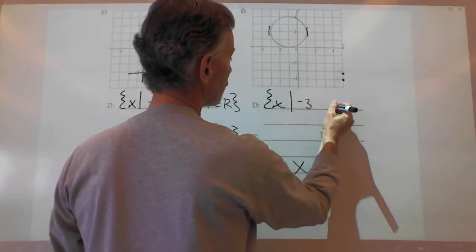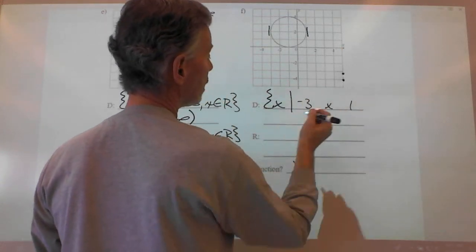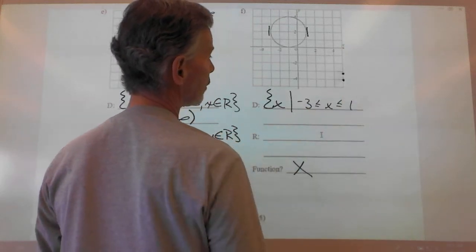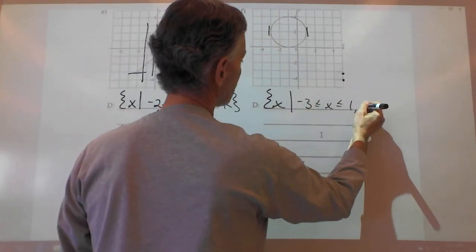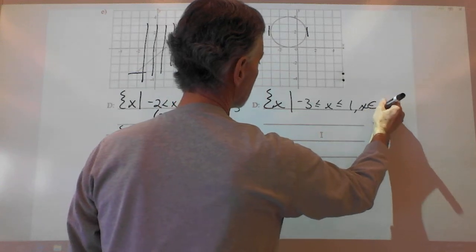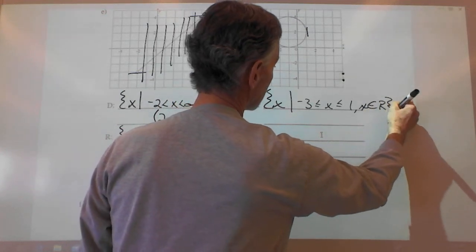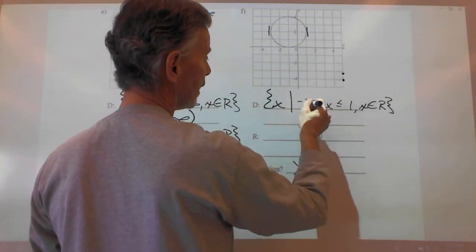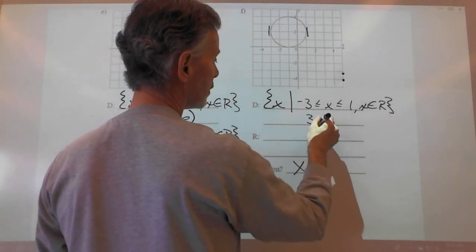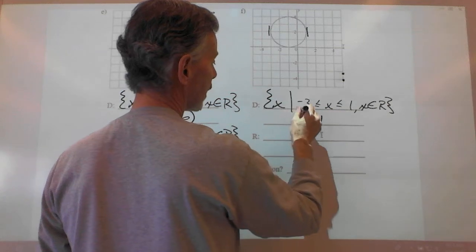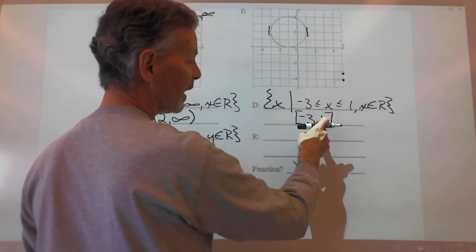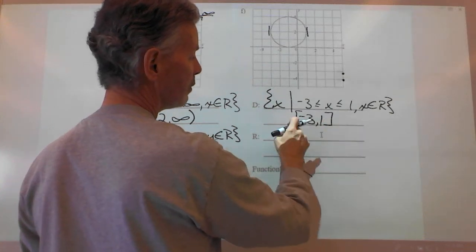So x has to be greater than or equal to -3, less than or equal to 1, because we have a solid line. X is an element of the set of real numbers. For our interval notation, again, once we've got these things, it's exactly the same. Because -3 and 1 can be included, we use square brackets.